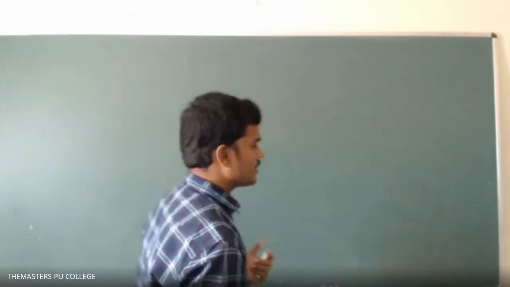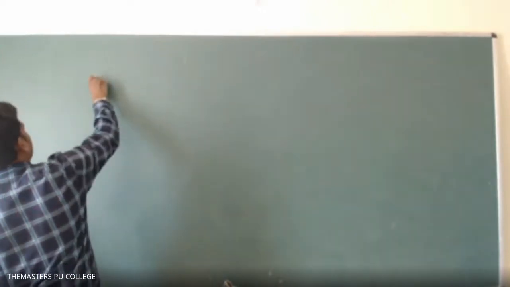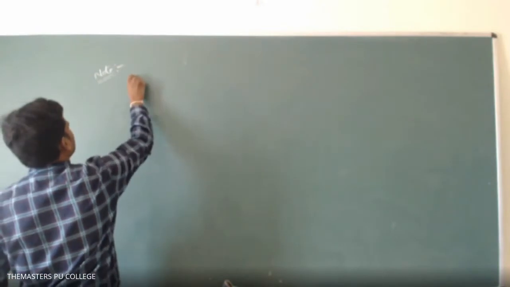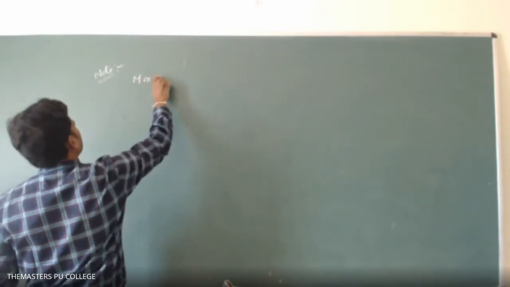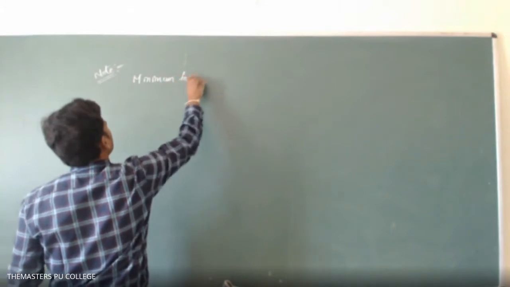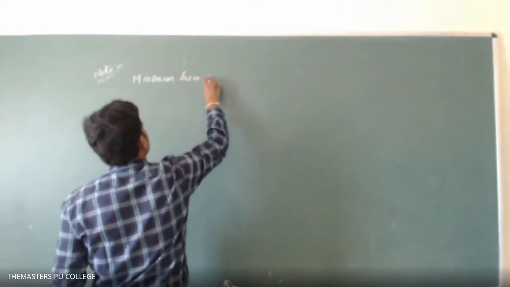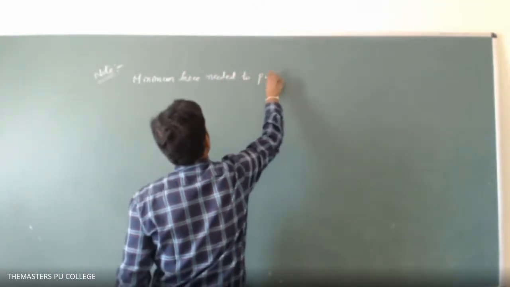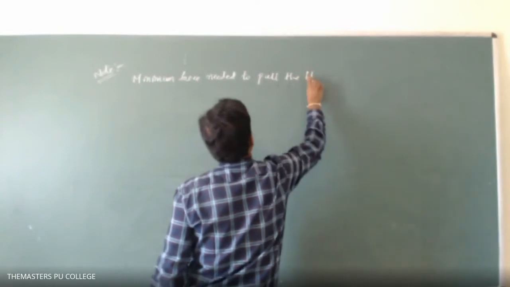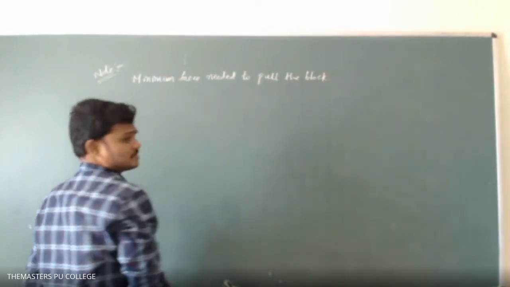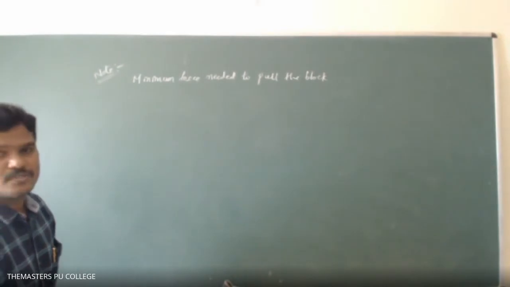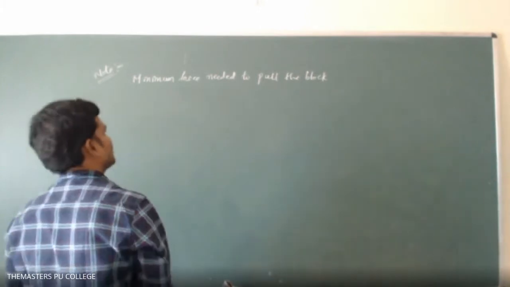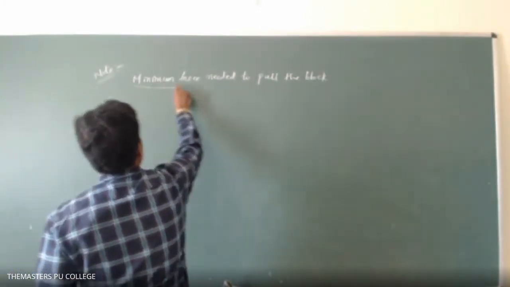Now here, what I am going to find is, so write down as a concept and note. The minimum force needed to pull the block so that the block is ready to slide.